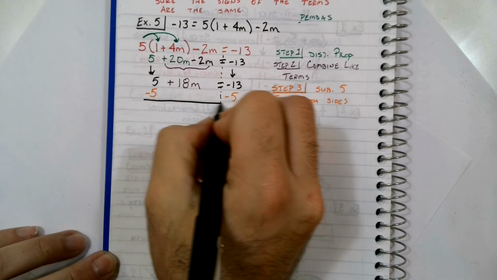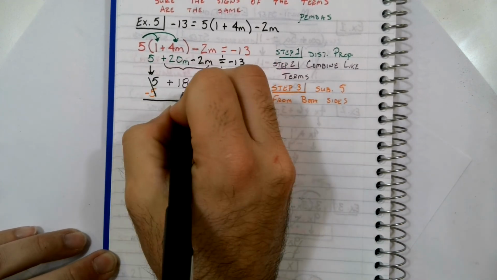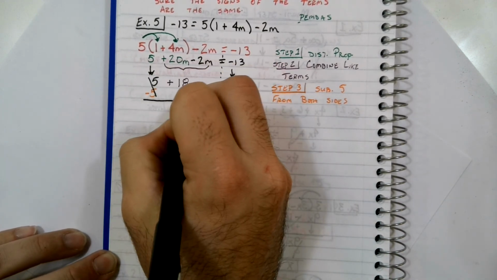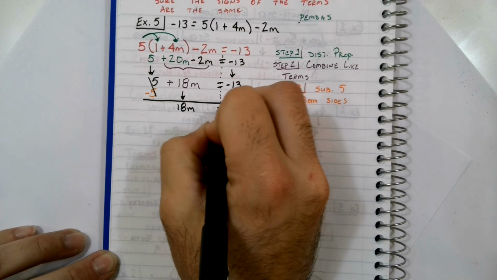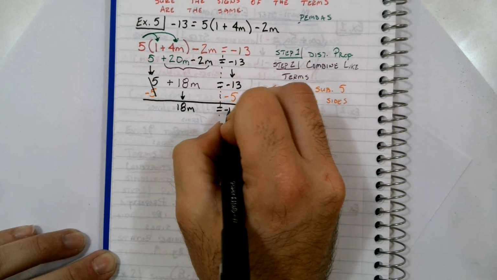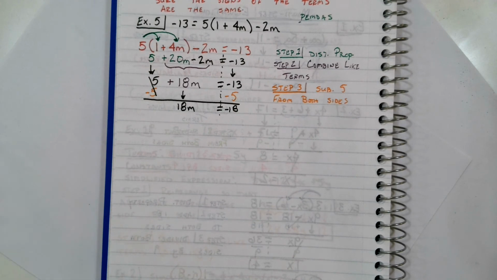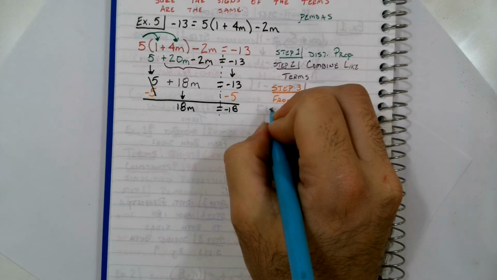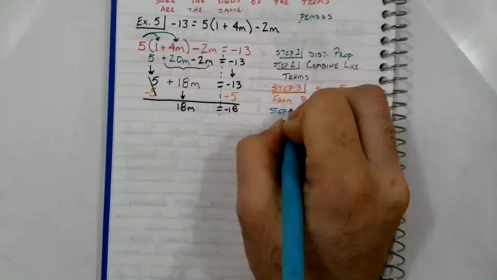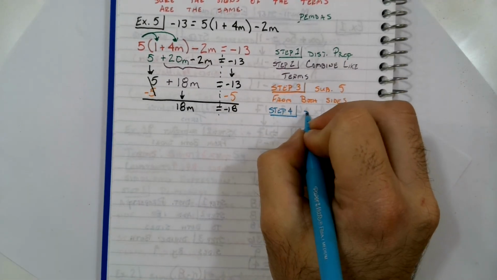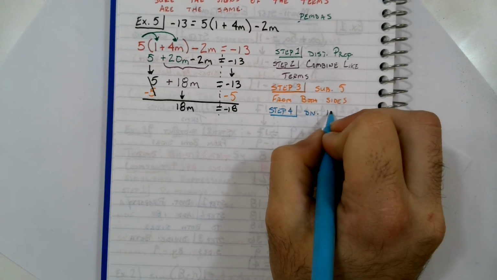All right, so when I do that, these cancel. All I'm left with is 18m, so I bring that down. Equals negative 13 minus 5 is negative 18. And my last step here, I'm going to divide because it's the opposite of multiplication.